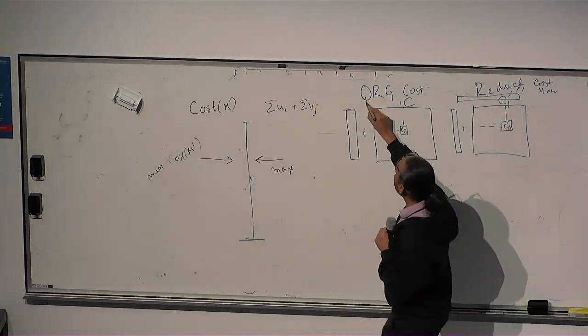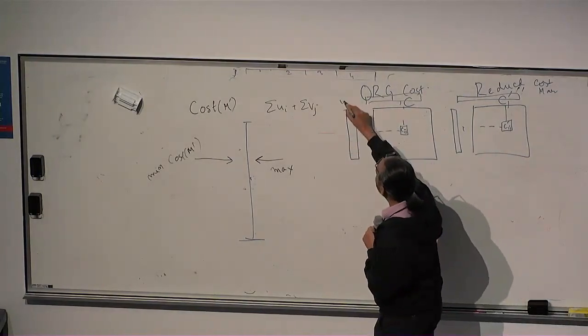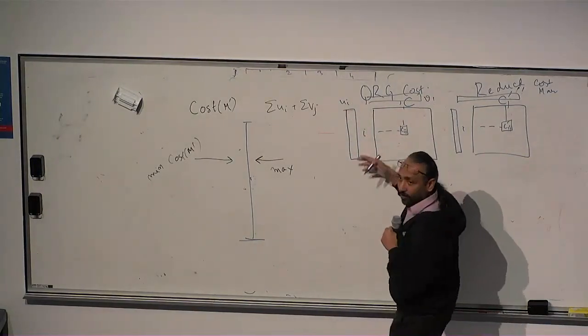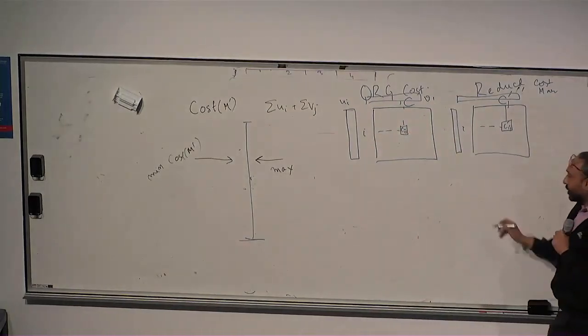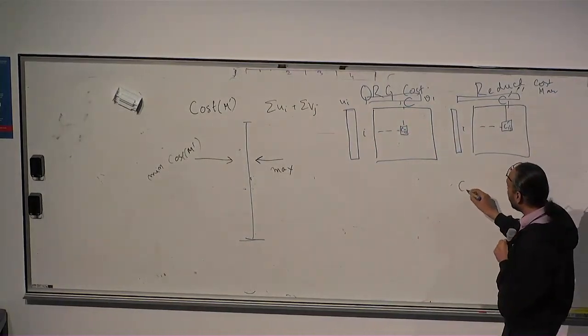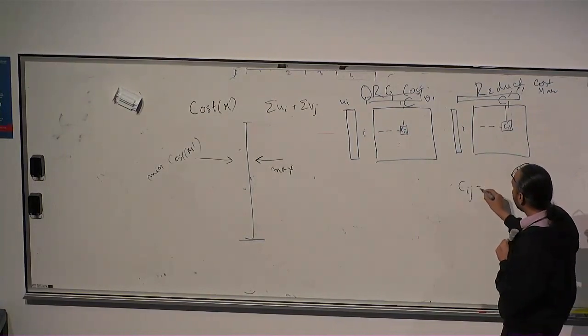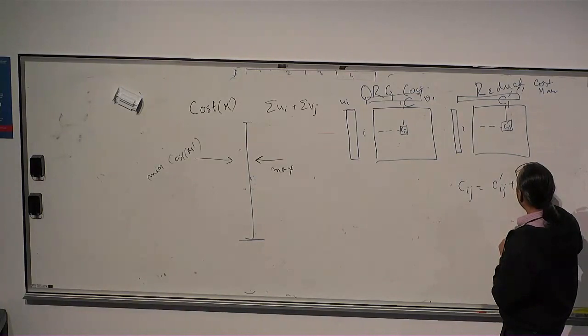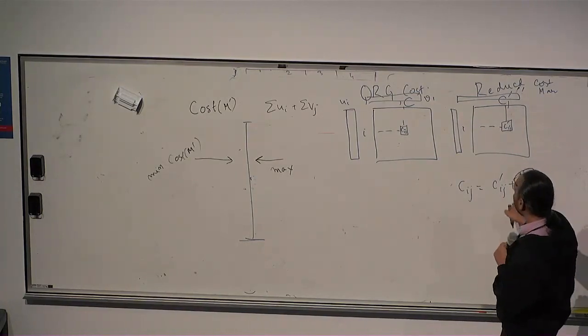That is the same as having UIs and VJs on the original, because all I'm trying to do is ensure that any Cij equals C prime ij plus Ui plus Vj.